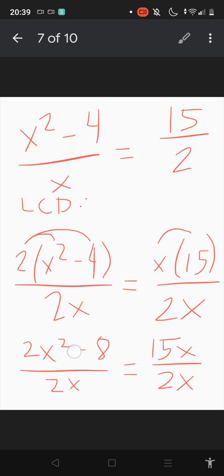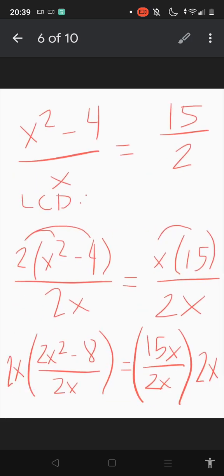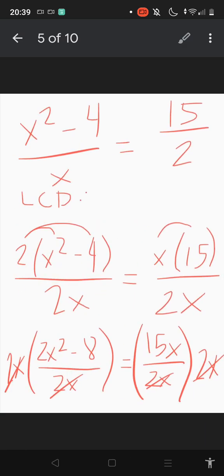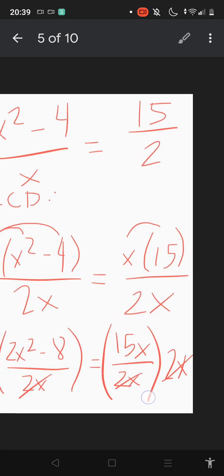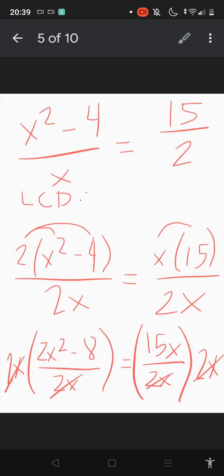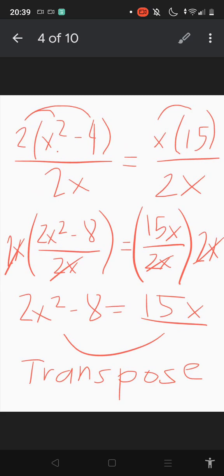The next thing we have to do is multiply both sides by the value of the denominator, which is 2x. Now that we have multiplied both sides by the denominator, it will get cancelled out. That leaves us with 2x squared minus 8 equals 15x.